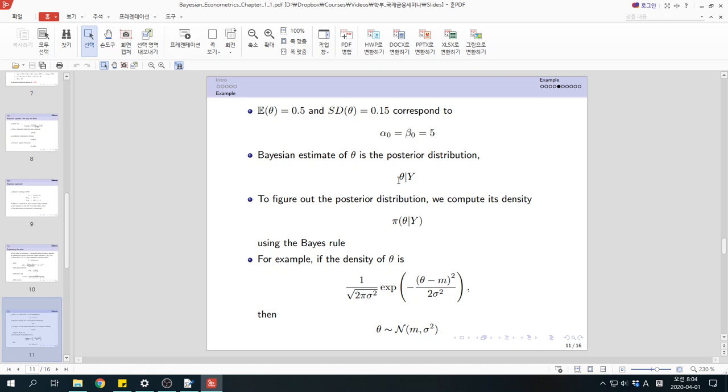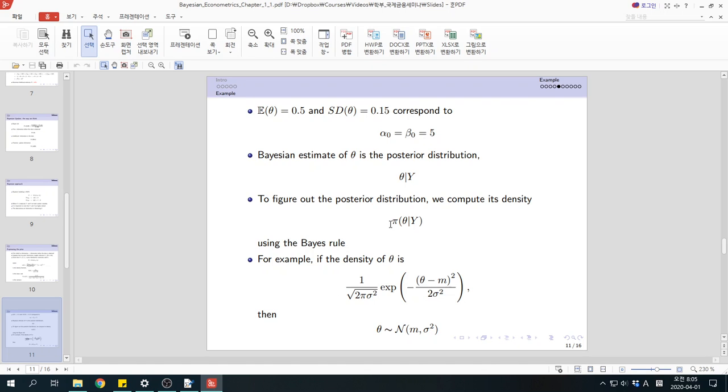To figure out what kind of distribution it is, we compute its posterior density, because once we know its density function, in many cases we can see what kind of distribution it is. For example, say you derive this posterior density and it turns out to be the density function of theta. If we are very familiar with this density function and know that it is a normal density, then we can read off its mean and variance. This is the Bayesian estimate.